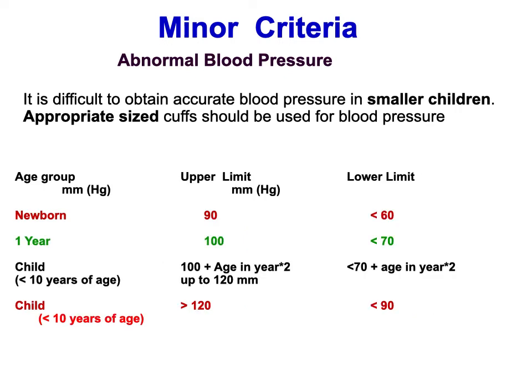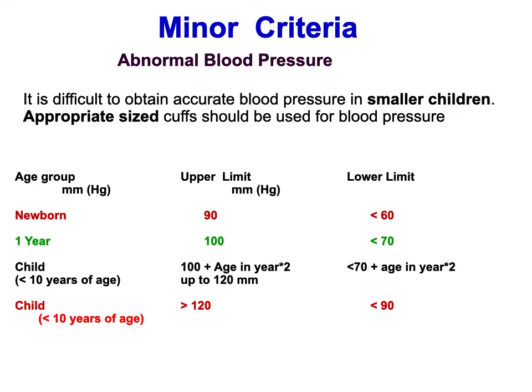Going for measurement values, you should remember that in children, the usual gap between the systolic and diastolic is around 30 millimeter of mercury. For newborn, again I give you a clue of some mnemonic. Newborn 9, so it is 90.